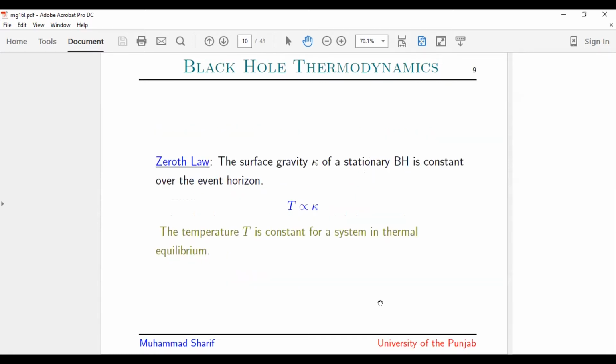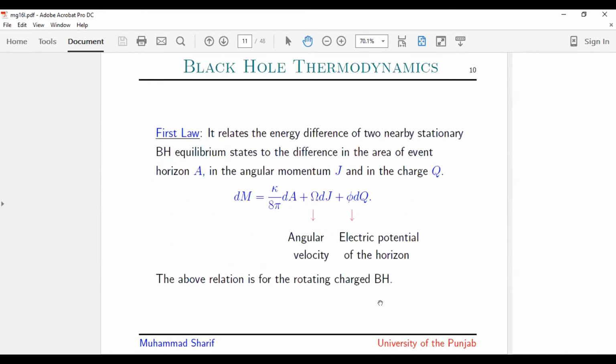According to the zeroth law of black hole thermodynamics, the surface gravity of a stationary black hole is constant over the event horizon. So in fact, we say that temperature is proportional to the surface gravity of a black hole. So the temperature is constant for a system in thermal equilibrium.